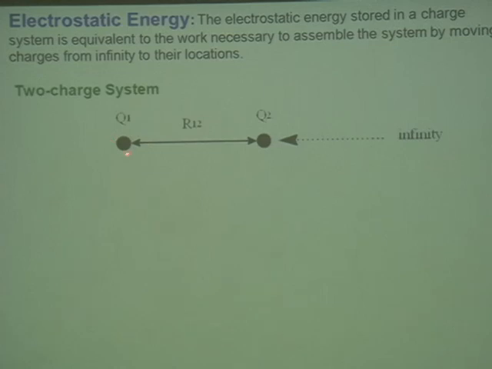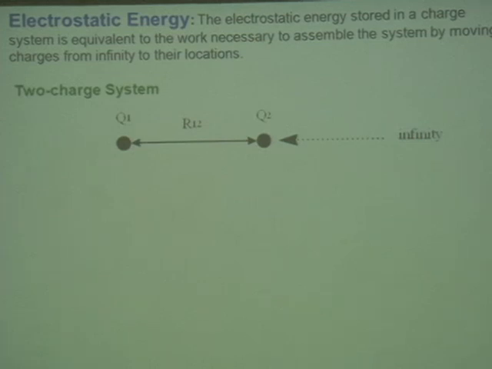Well, basically, everything starts from nothing. So if you have one charge somewhere in space, well, somewhere in universe, we don't know, to start with one charge. Then if you want to put a second charge into the system, then you have to do some work to bring this charge from infinite to this location.